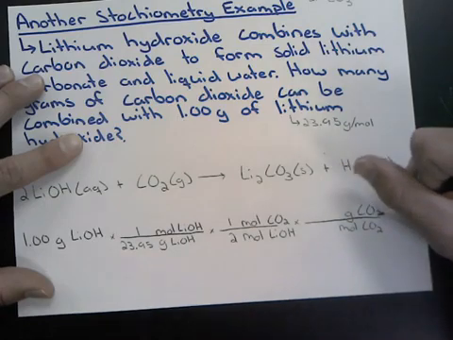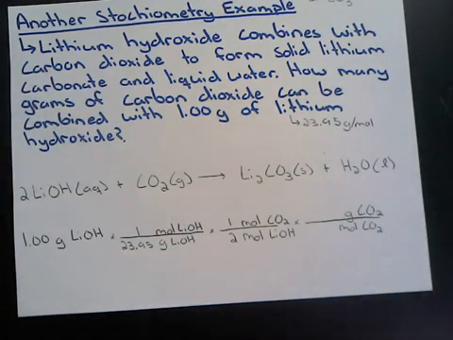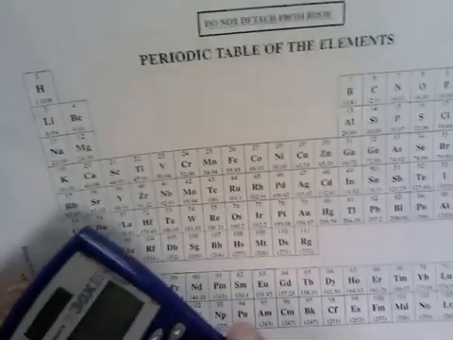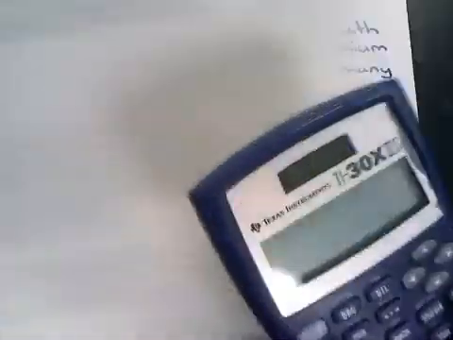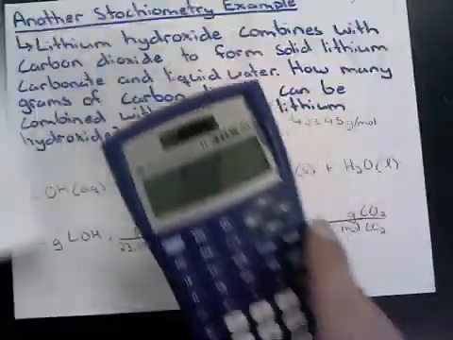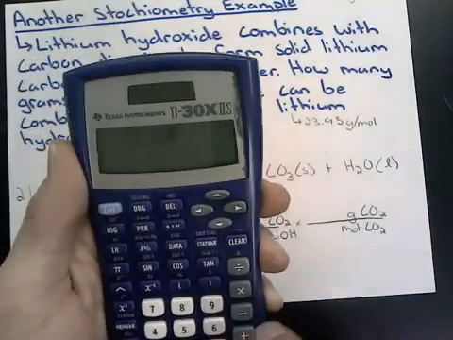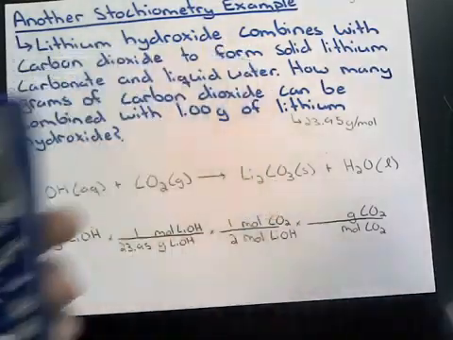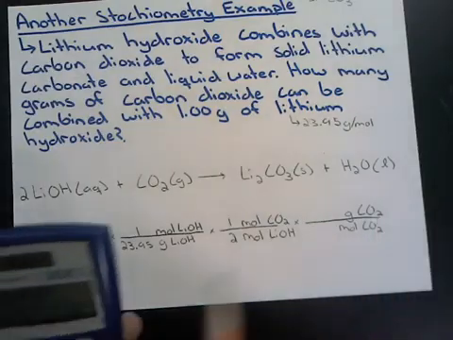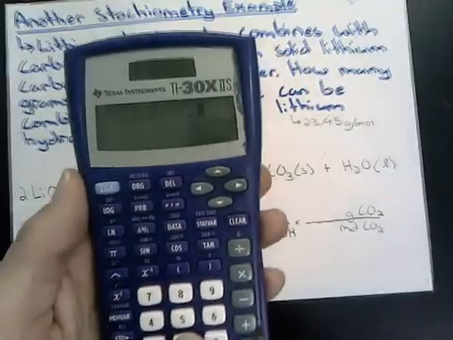So gram over mole. Whenever you see that, we turn to the periodic table. Now, carbon. We have 1 carbon that has a molar mass of 12.01. So I put 12.01 plus 2 oxygen. So in parentheses again, I put 2.